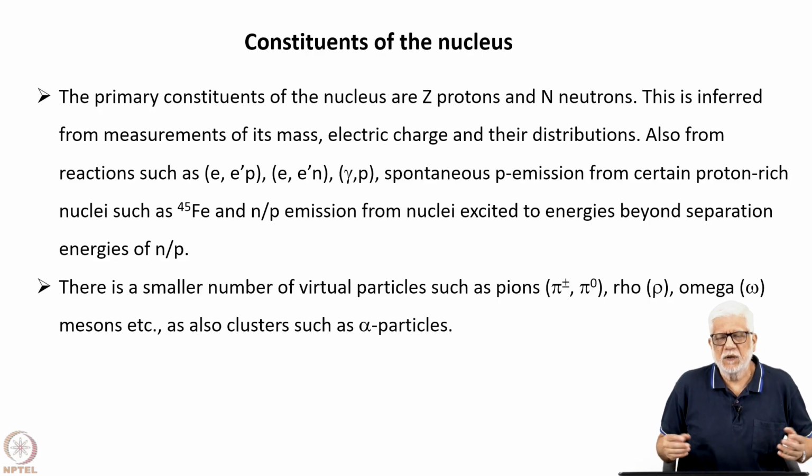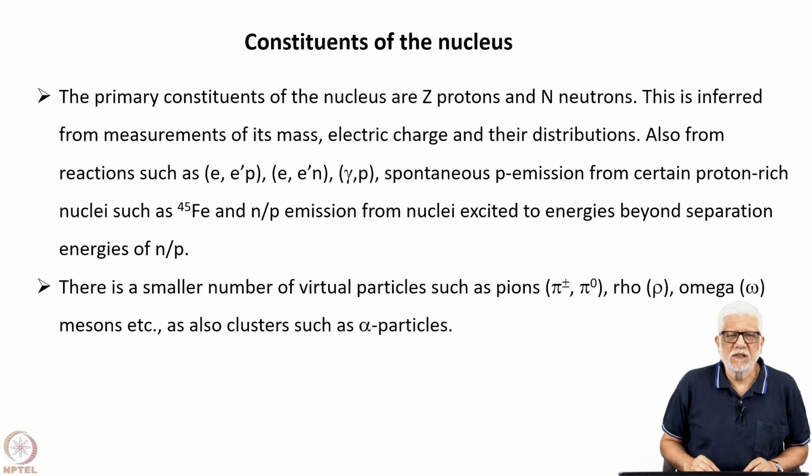So, if you get a proton coming out of a nucleus, we expect that it should be there also in the nucleus. And also we look at, among other things, neutron and proton emission from nuclei which are excited to energies beyond the separation energy of the neutron and proton in a nucleus.